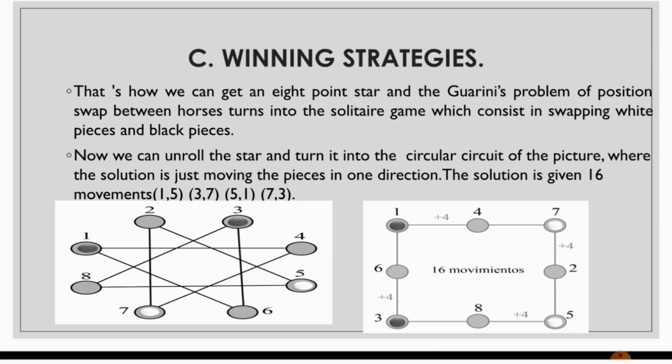So that's how we can get an 8-point star, and Guarini's problem of position swap between horses turns into the solitaire game, which consists of swapping white pieces and black pieces. After that, we can unroll this star and turn it into the circular circuit of the picture, where the solution is just moving the pieces in one direction, and the solution is given in 16 movements.